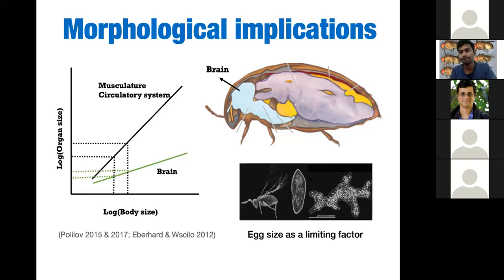If you look at the famous mouse to elephant curve, it has an exponent of 0.75, which is a deviation from the expected 2 divided by 3, so 0.66, which is the surface area to volume ratio expectation. Yeah, I get what you're trying to say.